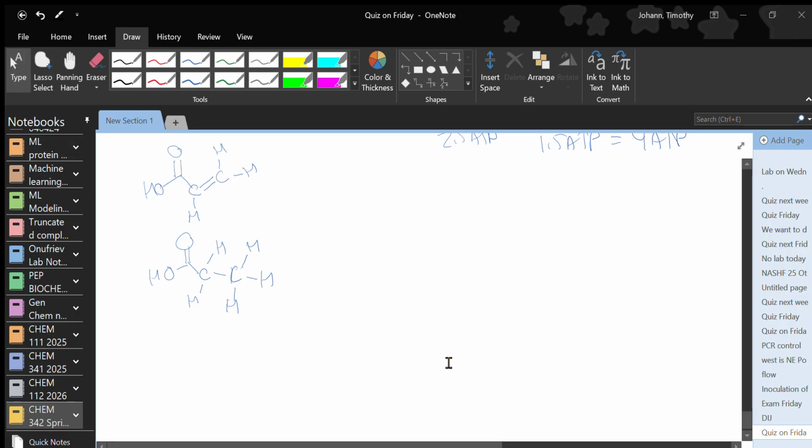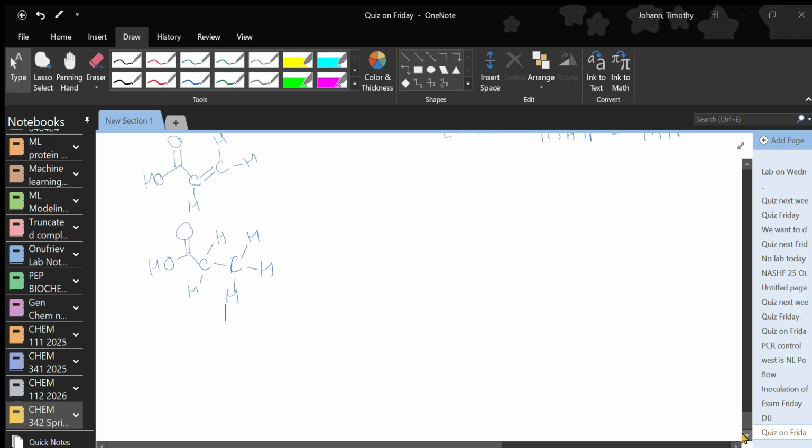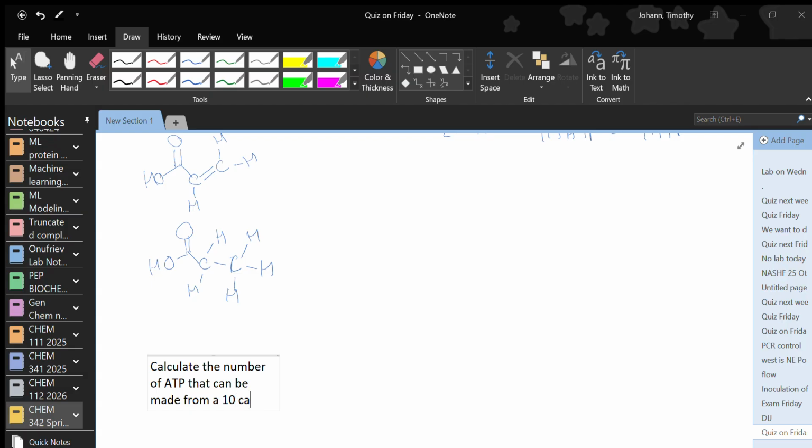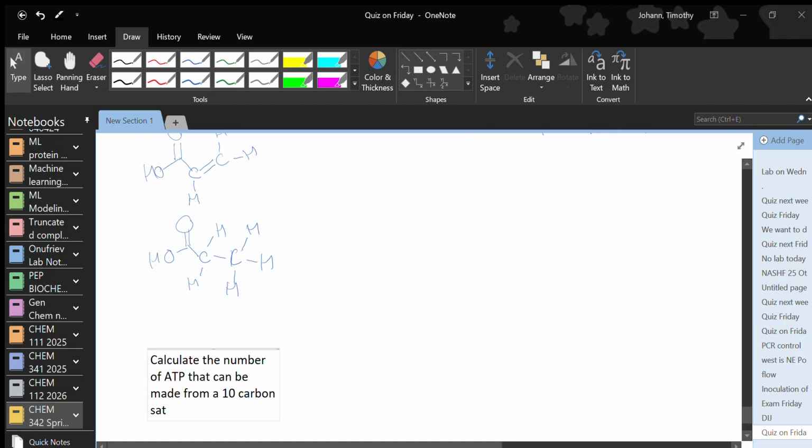Okay, let's see what we can get done in 6 minutes here. Given that we know the yield from beta oxidation, calculate the number of ATP that can be made from a, let's make it a 6 carbon, because then it has the exact same number as glucose.